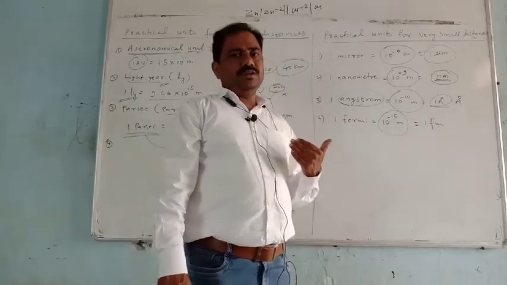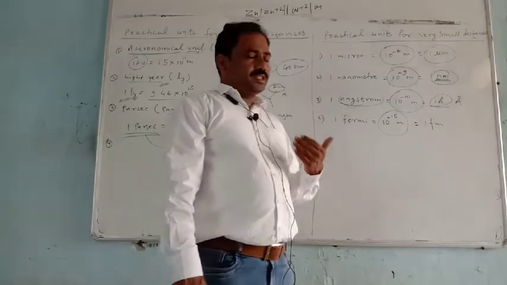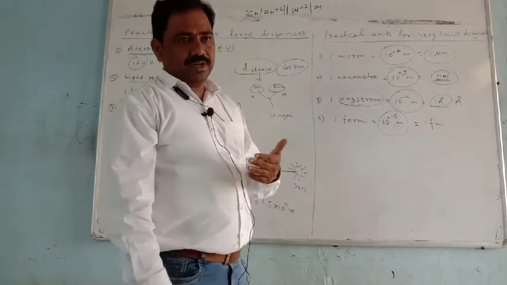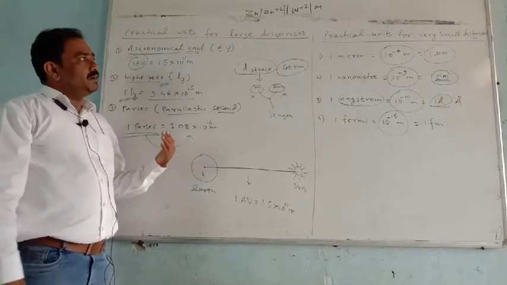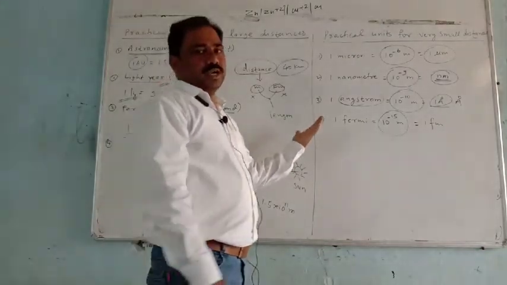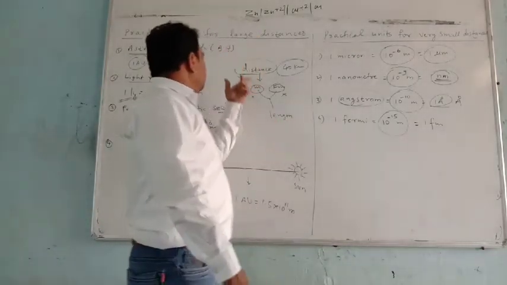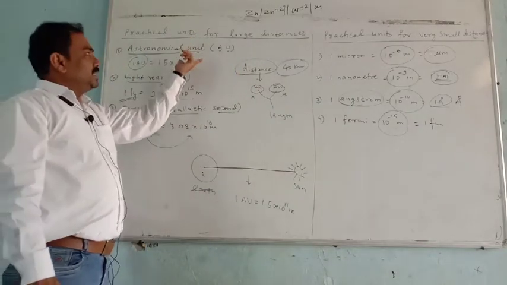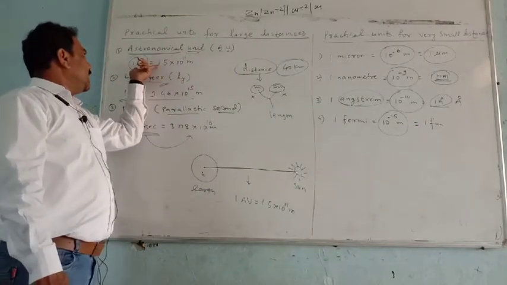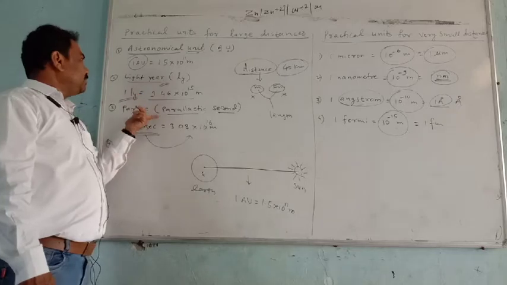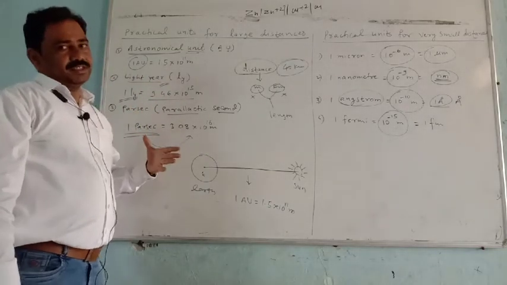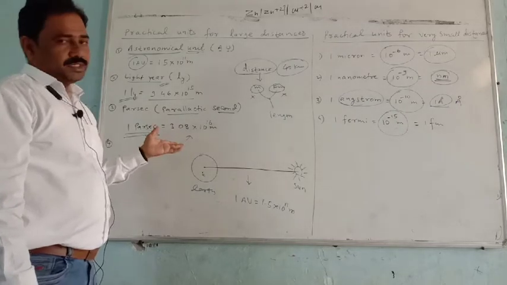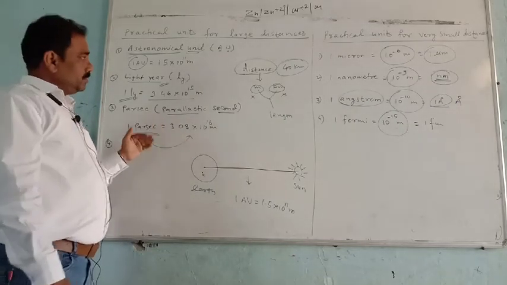We have seen which SI unit is used for which physical quantity. But when the distance is very large or very small, you have to use particular units: astronomical unit, light year and parsec. These are special for large distances, which we use for solving problems.